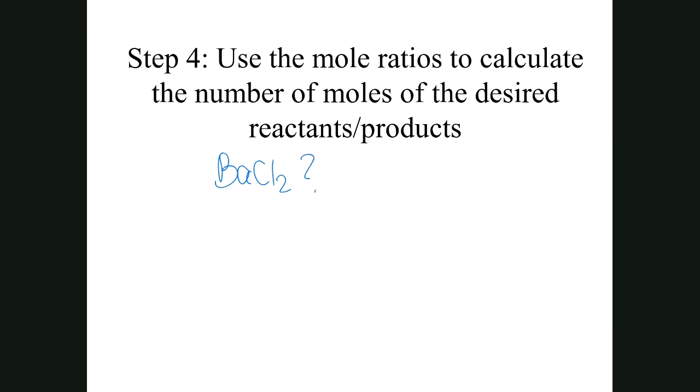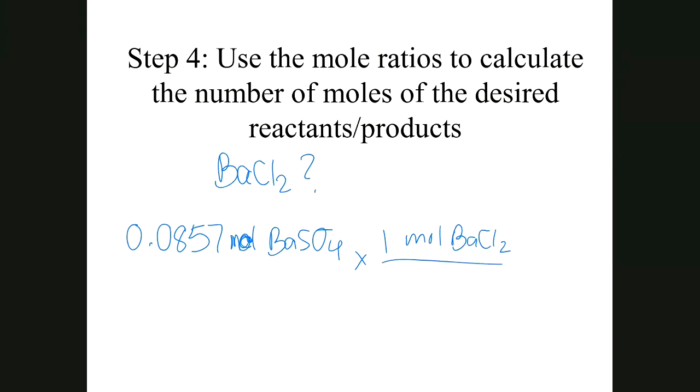So from step 2, we had 0.0857 moles of barium sulfate. And from step 3, we had 1 mole of barium chloride per 1 mole of barium sulfate.